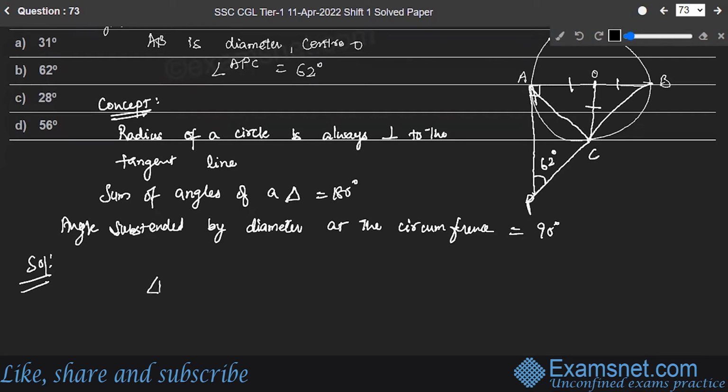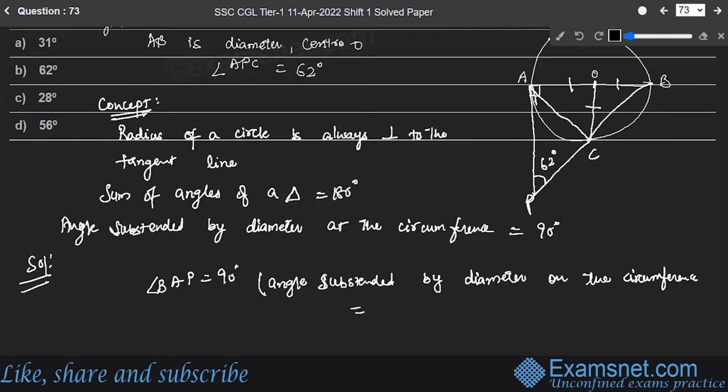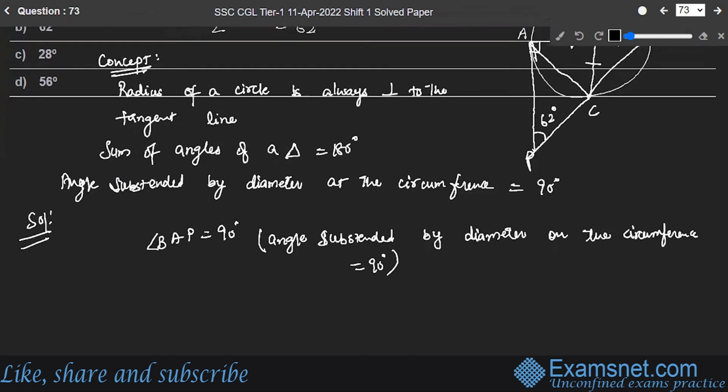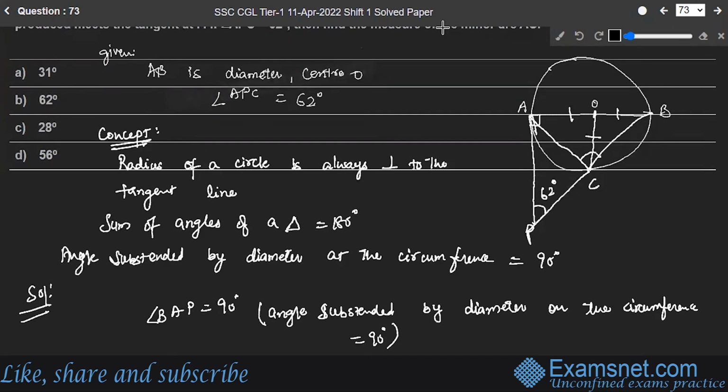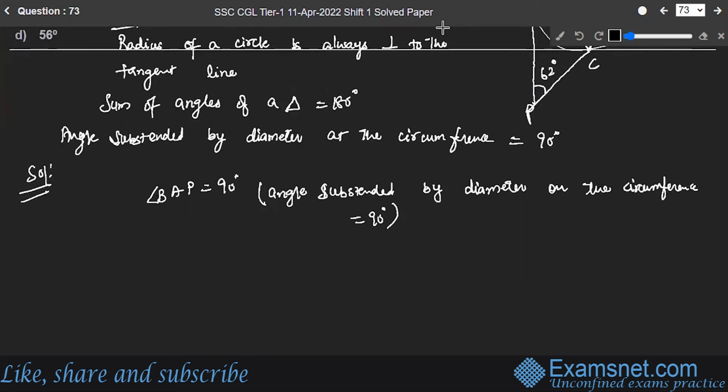Therefore, angle BAP is equal to 90 degrees. Also, angle ACB is equal to 90 degrees. The reason for this is that the angle subtended by a diameter on the circumference is equal to 90 degrees. And angle BAP is equal to 90 degrees.